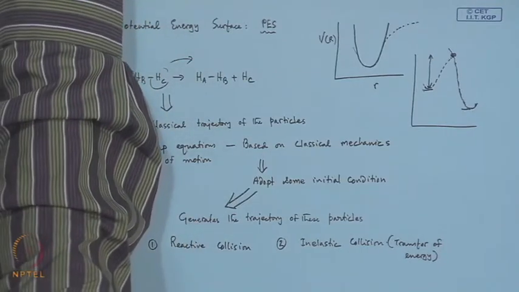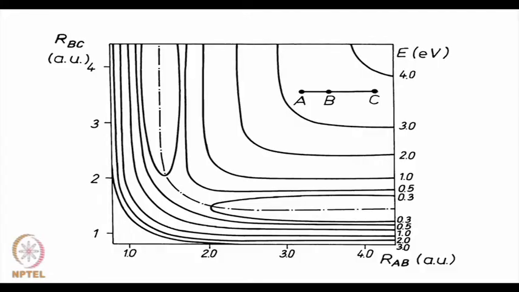The two situations could be: one, a reactive collision that leads to reaction, and the other, an inelastic collision. Now, this is a representation of your 3 atom system, HA, HB and HC. This is your energy, and this line joins the same energy contour.